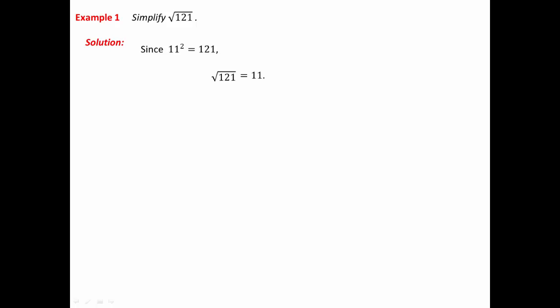On a test, they may ask the question in different forms, possibly including true and false questions. But for our next example, it will be a fill-in-the-blank question. 22 squared equals blank, so the square root of blank equals 22. 22 squared equals 484.